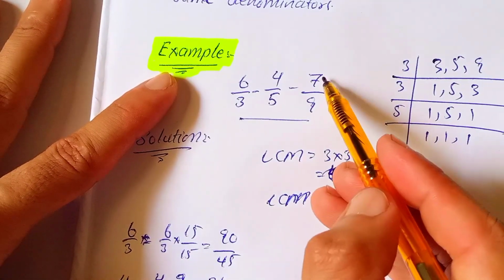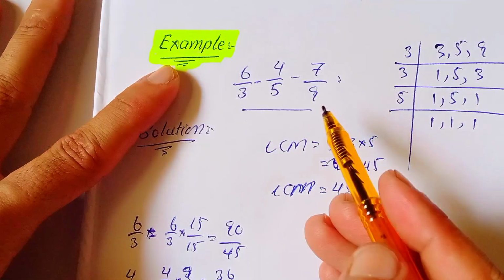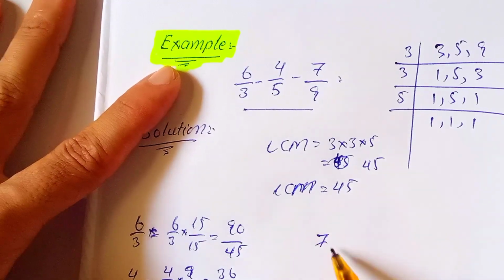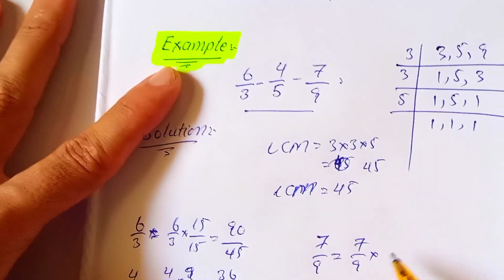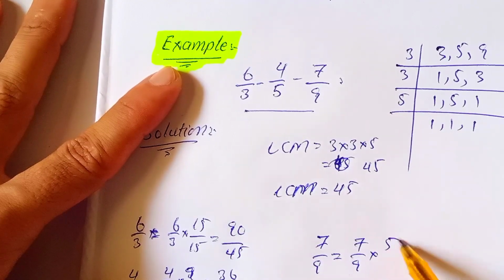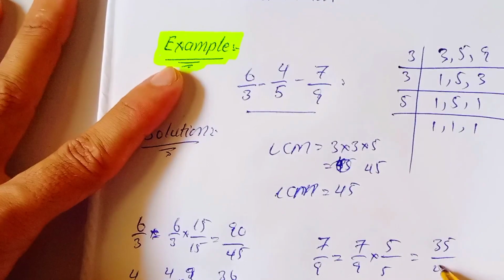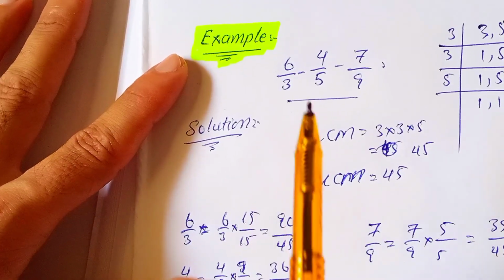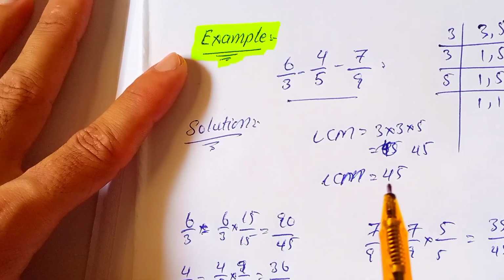Again, we will multiply 7 over 9 with such a number such that the denominator of the equivalent fraction of 7 over 9 is equal to 45. So 7 over 9 is equal to 7 over 9 times 5 over 5, which is equal to 35 over 45. So dear viewer, we got 3 equivalent fractions, and the denominator of all these fractions is equal to 45.